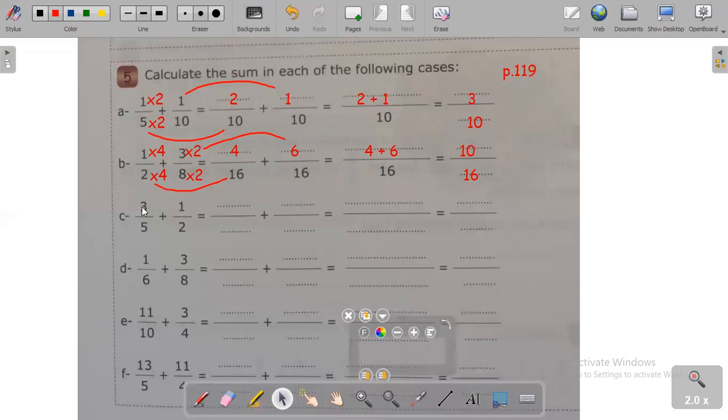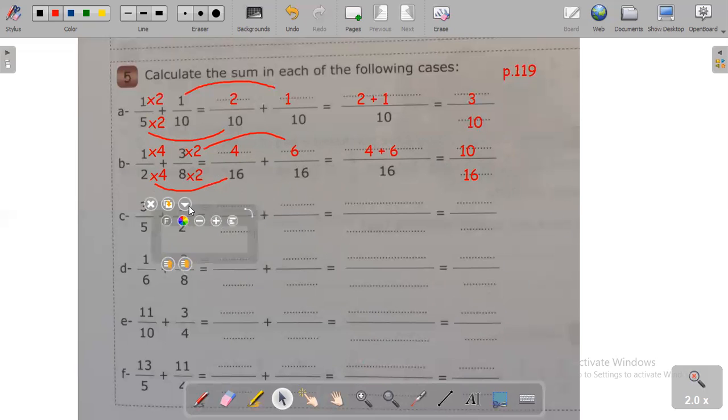Now we have 3/5 plus 1/2. We have 5 and 2. They are not the same. So in this case, what we have to do, the 5 can be 2? No, we cannot divide the 5 by a number to get 2. The 2 can be 5? No, we cannot multiply the 2 by a number to get 5. So what we have to do here, we multiply them by each other.